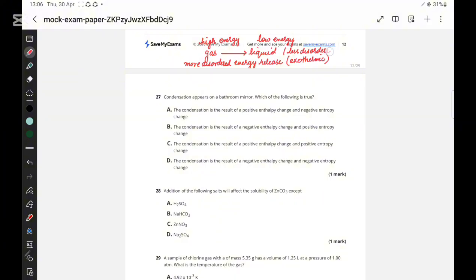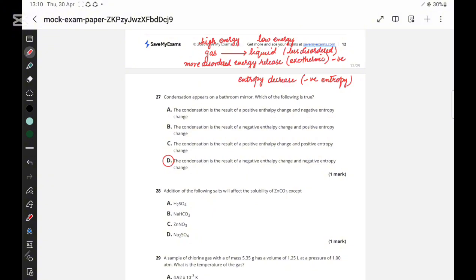So moving from more disordered to less disordered, entropy decreases. And since it is exothermic, it is going to have negative enthalpy, and it is also going to have decreased entropy, meaning negative entropy. So our answer is going to be D.